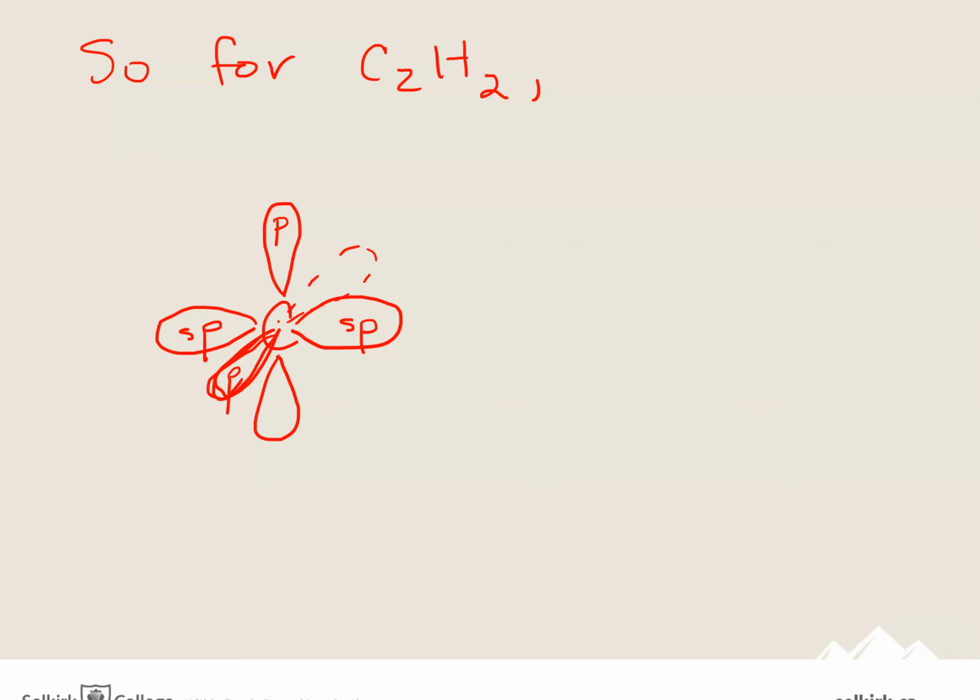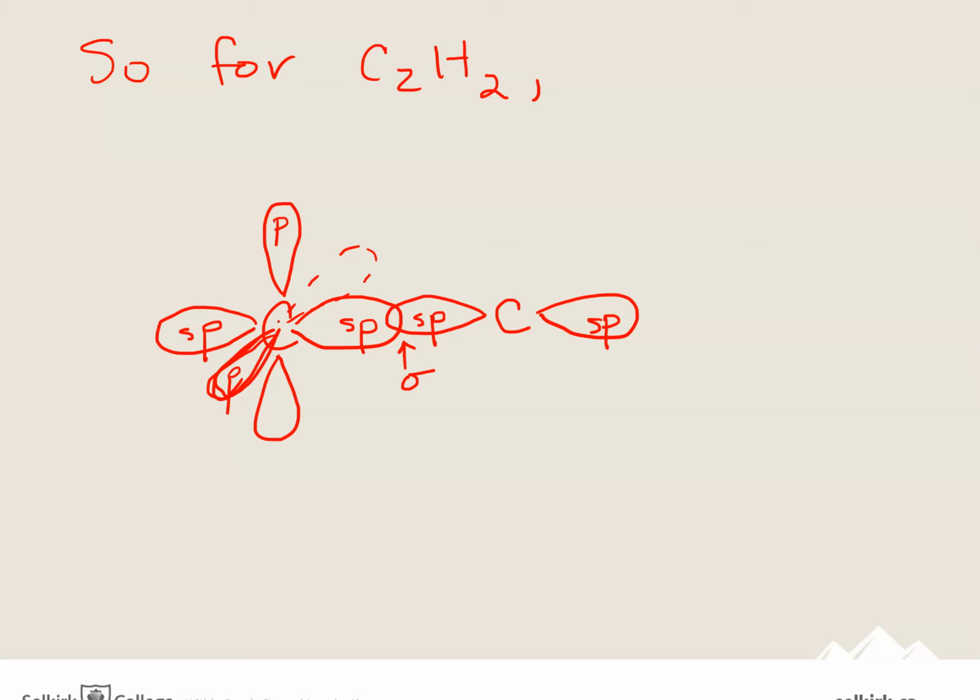Now, I'm going to make a triple bond between this carbon and another one that's also sp hybridized. And for the first bond, I'm going to have an end-on overlap between the hybrid orbitals. That makes a sigma bond. Where's the other sp? Directly across from it. Linear geometry.